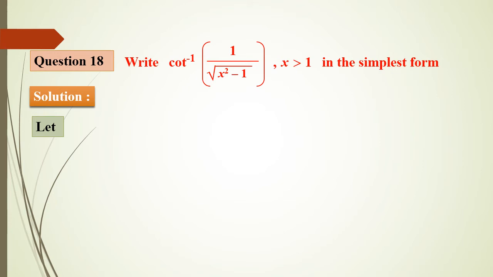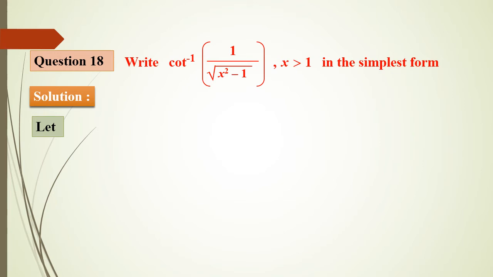If 1 minus x square comes, substitute x equal to sine or cos. If 1 plus x square comes within a root or outside the root, substitute x equal to tan theta. So these are called standard substitutions.